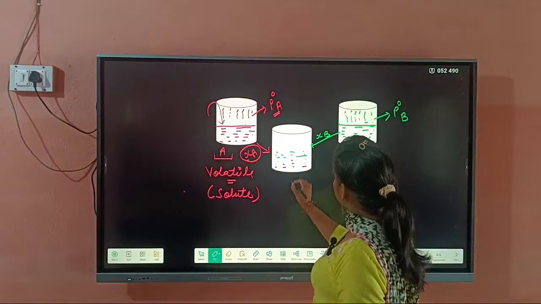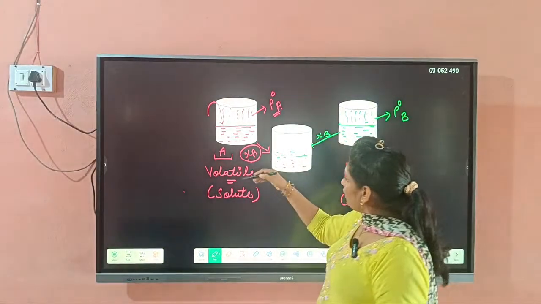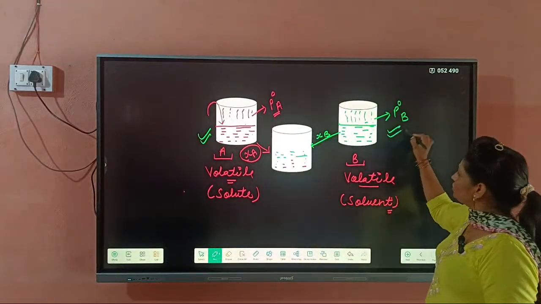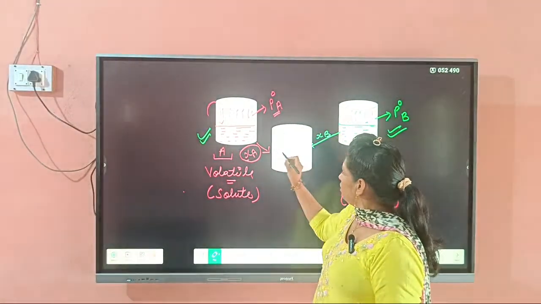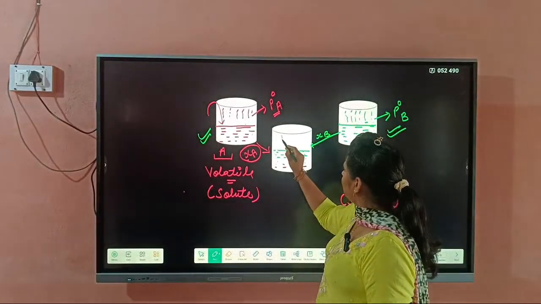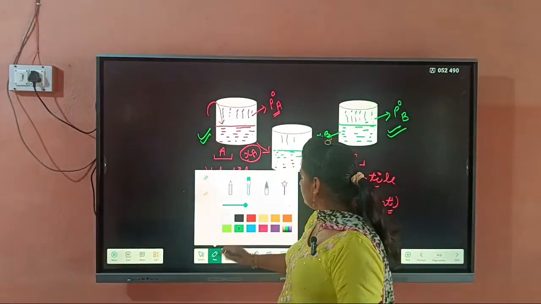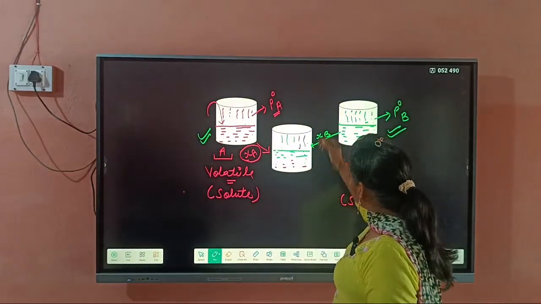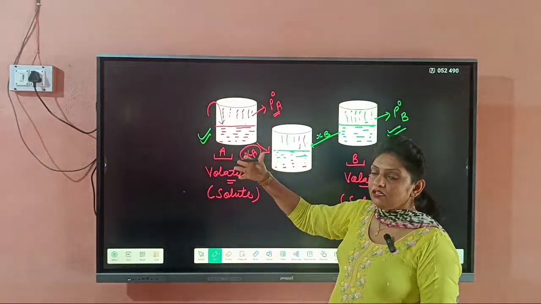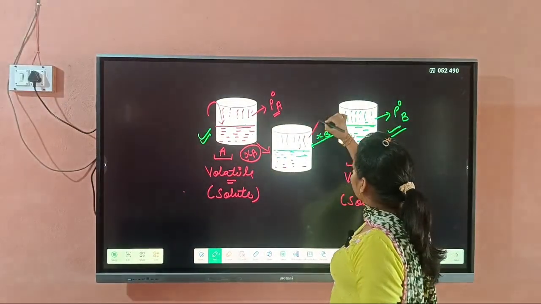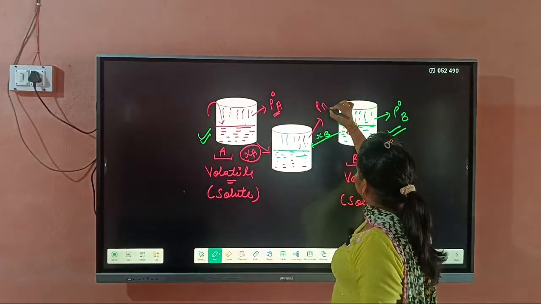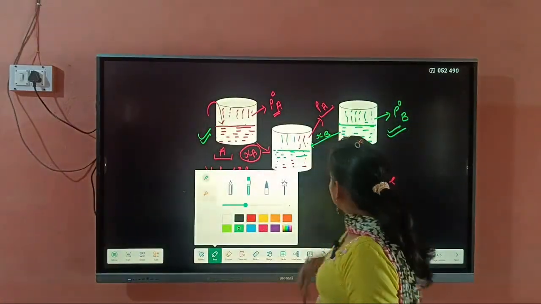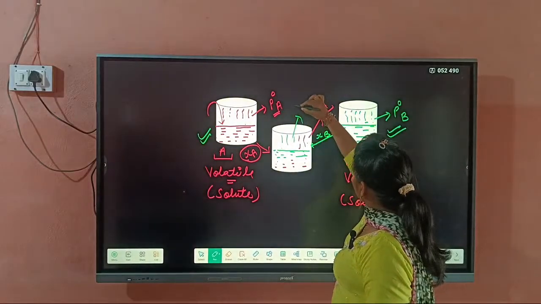So now in this beaker, molecules of both solute as well as solvent are present. So both are exerting pressure on the surface of the liquid. Now, which pressure is exerted by the molecules of A? That is known as the partial pressure of A. And which is exerted by the molecules of B?